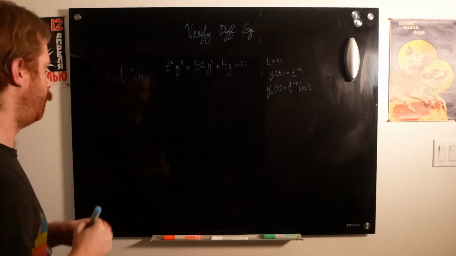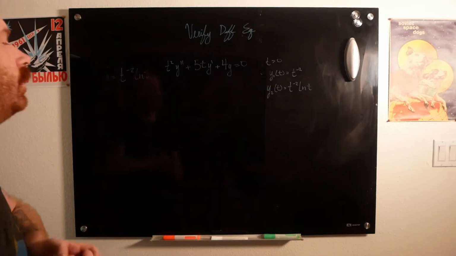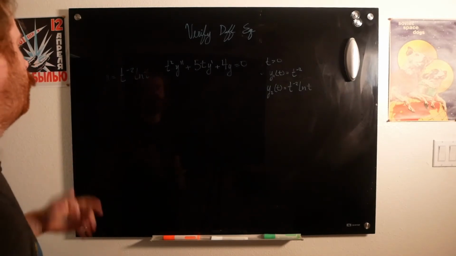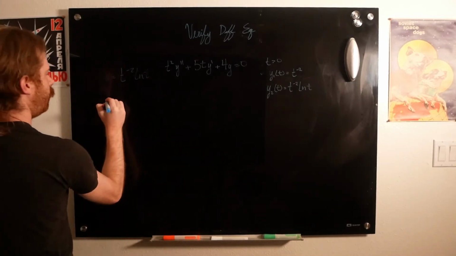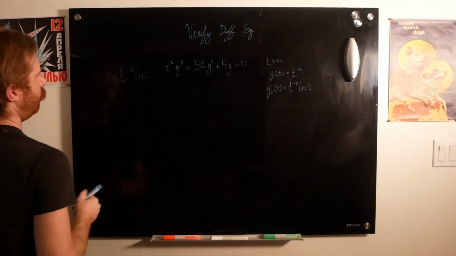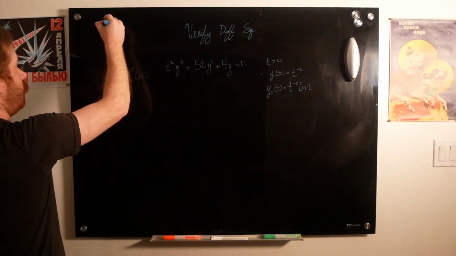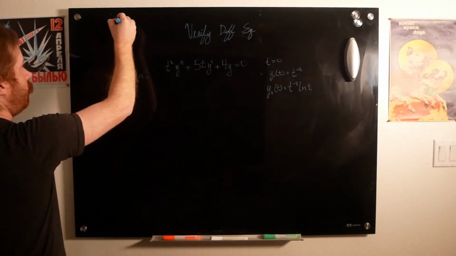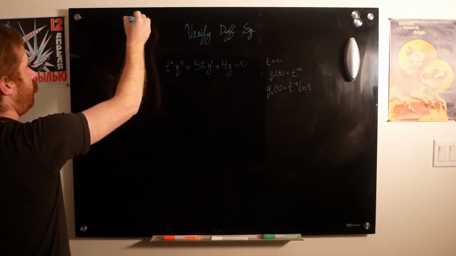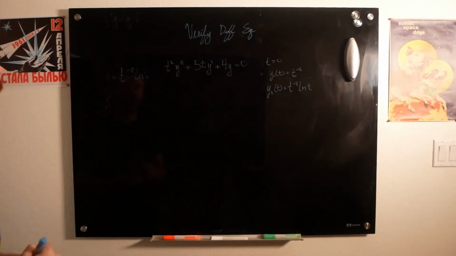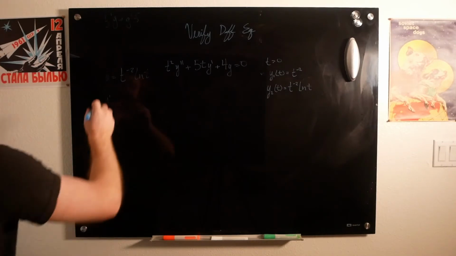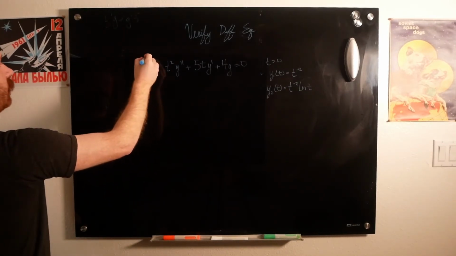Okay, so now we're going to have to use the product rule here in order to take this derivative. So y prime. Remember, the product rule is just f prime g plus g prime f, where this is f, this is g.